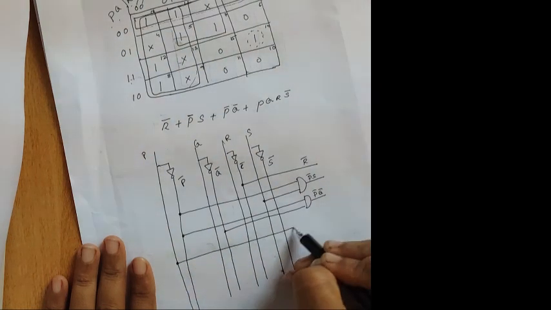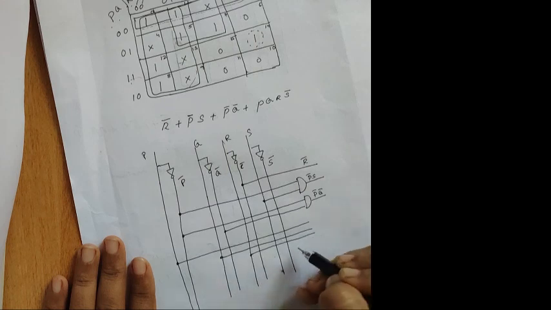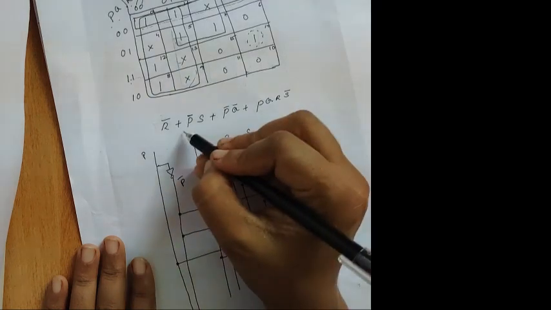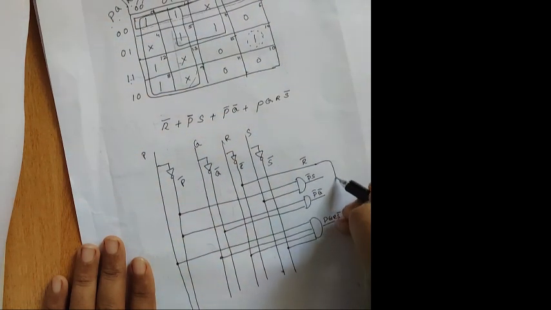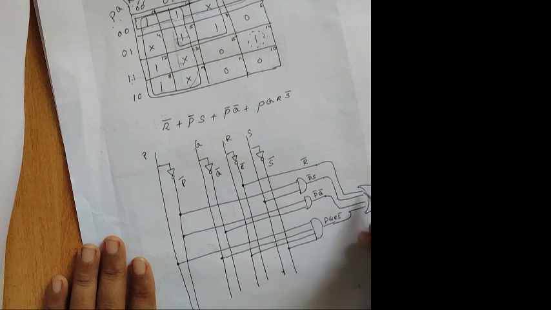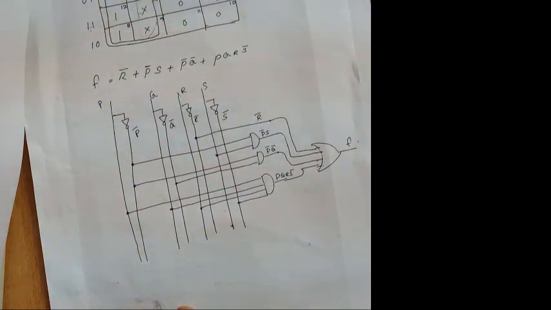Next you're getting P, Q, R, S bar. And these are all added together, so you're giving it to an adder. You will get the function. Okay, this is how you are implementing.